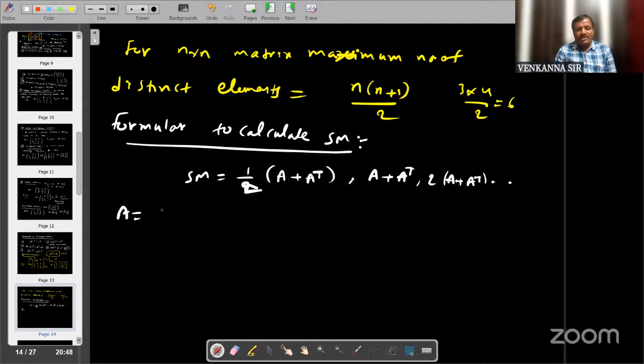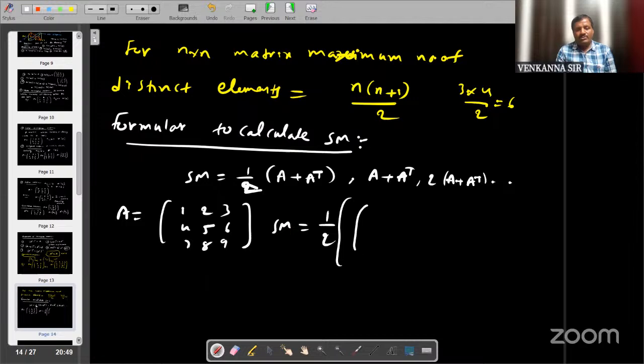Let us take one example here: 1, 2, 3; 4, 5, 6; 7, 8, 9. What is the symmetric matrix for this? Symmetric matrix is half into (A plus A transpose). A is 1, 2, 3; 4, 5, 6; 7, 8, 9, plus A transpose. A transpose is 1, 4, 7; 2, 5, 8; 3, 6, 9, interchanging the rows and columns.